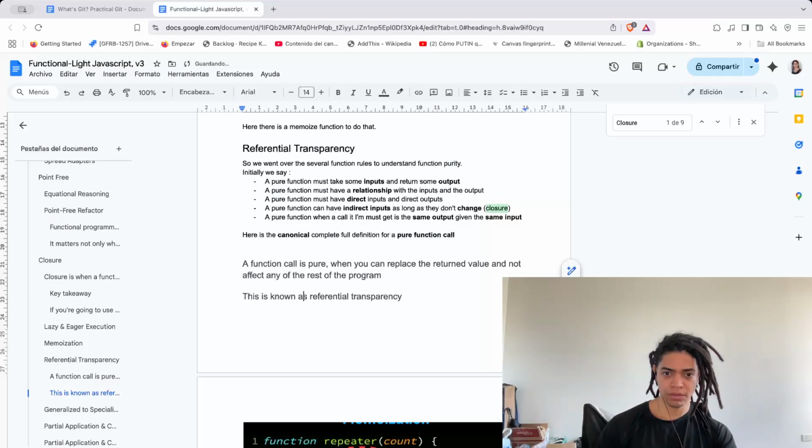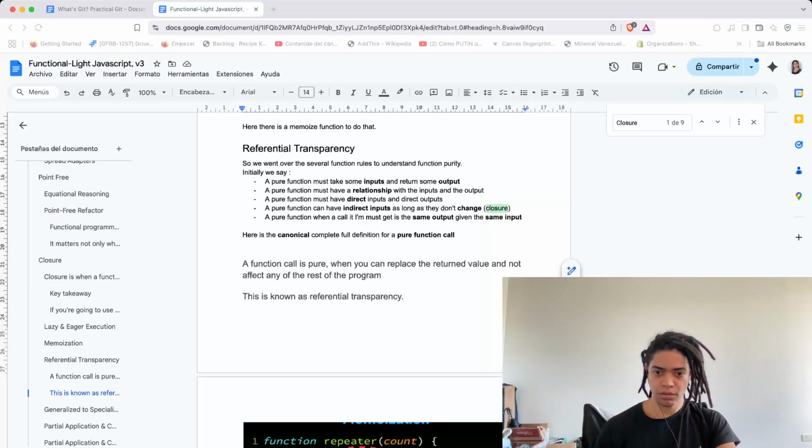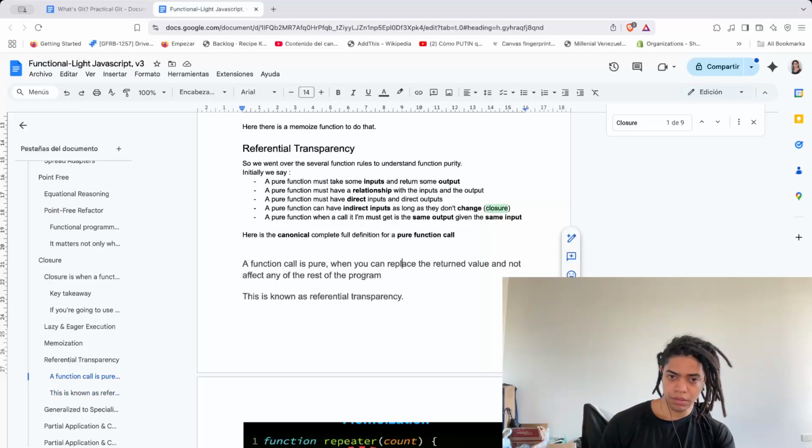Referential transparency is just a fancy way to say, hey, a function call is pure when you can replace the returned value and not affect the rest of the program.